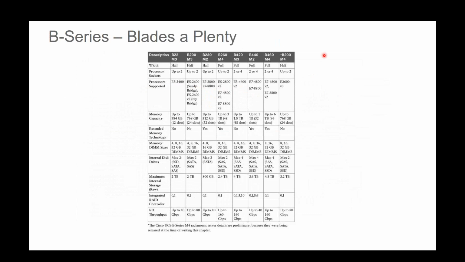Here's the same type of thing except with the B series. These right here, the B200 M3s and M4s, are the sweet spot that most people are hitting for VMware hosts. I actually have purchase orders in for another 20 of these, I think, across a few clusters. You're looking at 8 of these servers in each of your chassis, 3/4 of a terabyte, up to 36 cores last I checked, and they may have the 20-core CPUs in there now.